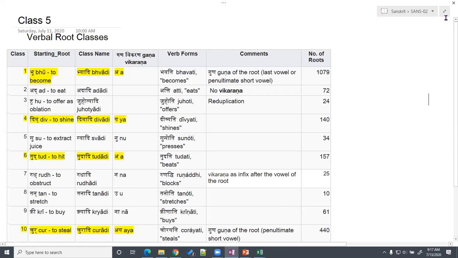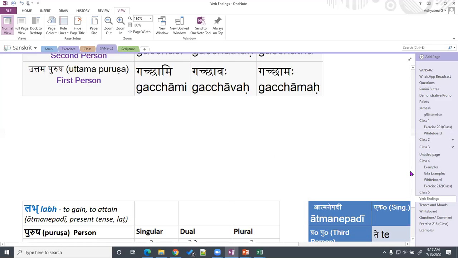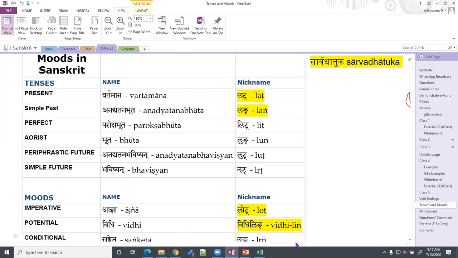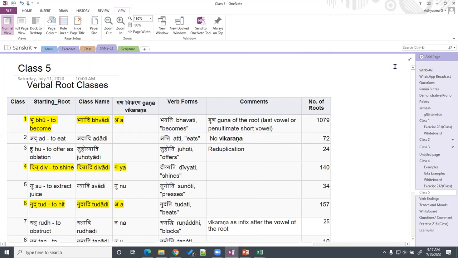The point is precisely what I was referring to earlier as Sarvadhatuka. These 4 lakaras follow different ways of generating their forms versus the other 6. In order to facilitate the forms for all these 4, he has divided all the roots into the 10 classes. So these are for the Sarvadhatuka lakaras.